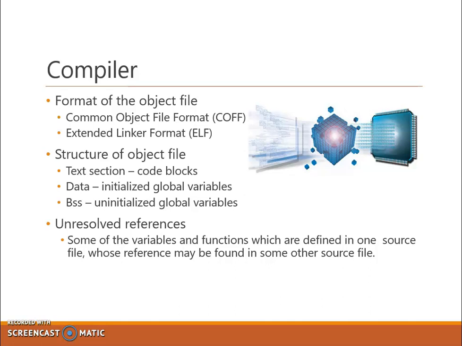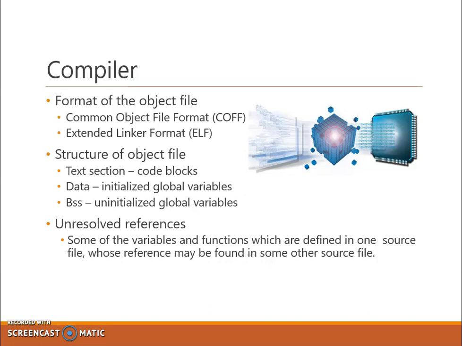The extended linker format is richer in information than the older common object file format. The ELF, that is extended linker format, overcomes the limitations of the older common object file format, that is COFF, such as the absence of standard representation of long data types. So this is the standard format used by an object file. An object file can use one of these two formats.